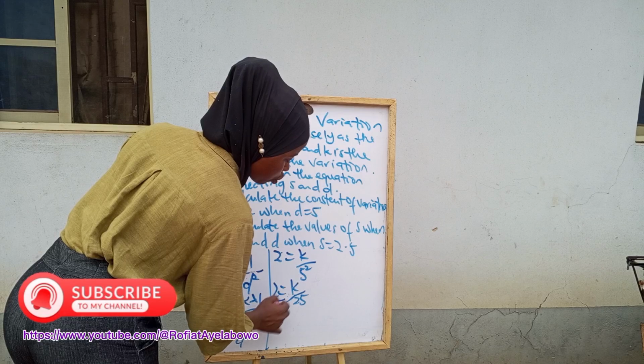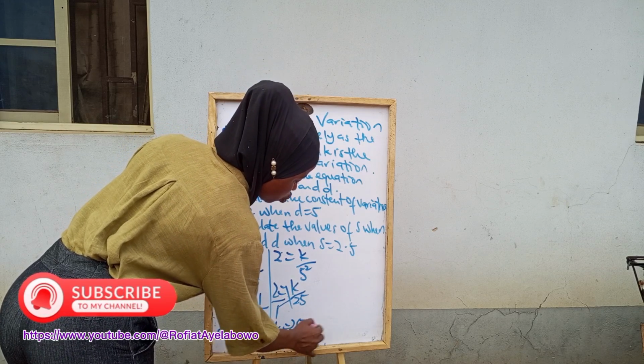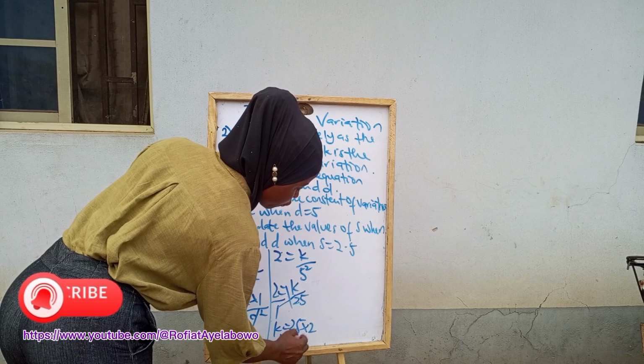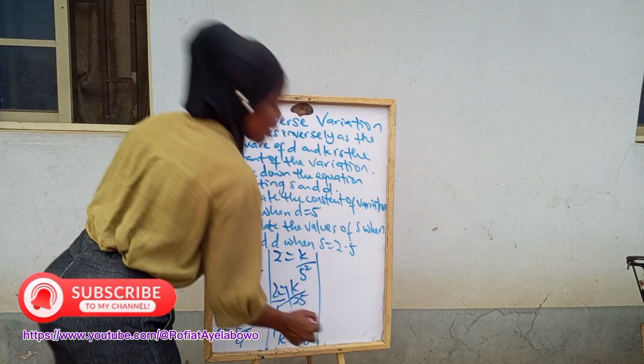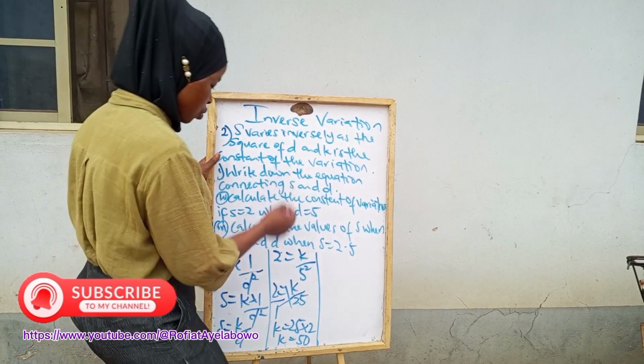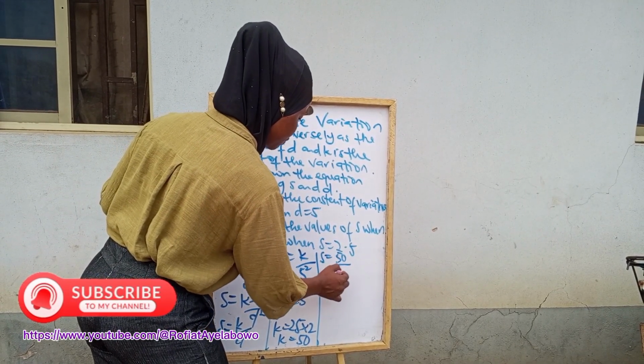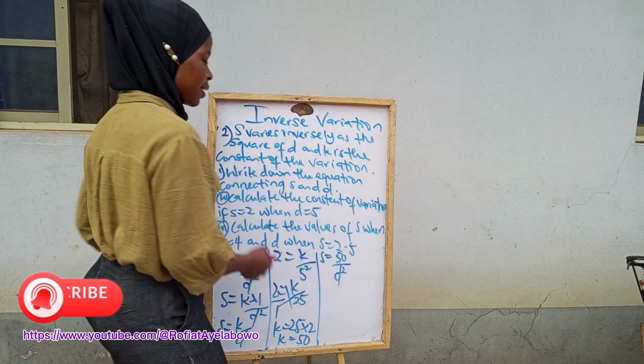This is over 1, cross multiply. We have k is equals to 25 times 2. Our k is equals to 50. Now let's substitute the value of the constant into our equation. We have s is equals to 50 over d square.